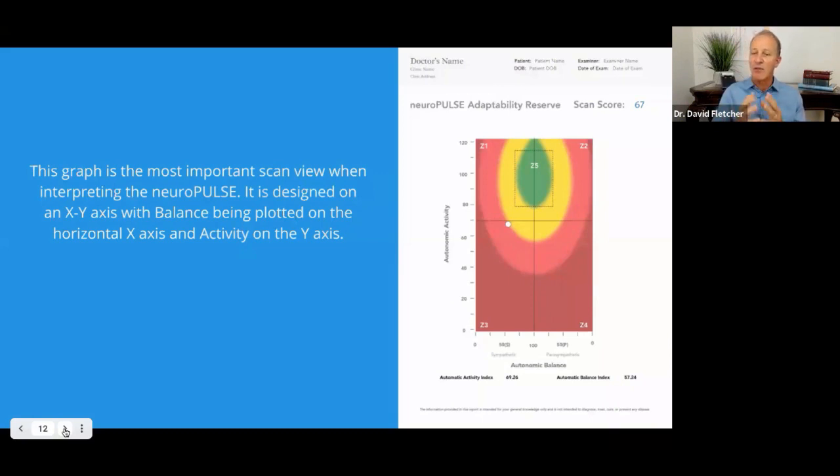In fact, we did 2,468 HRV scan data sets on well-adjusted people, and the scatter plot brought us to this zone that you see in the green zone. So this is a desirable plot for where we know we want your patients to live, reside, or get to.